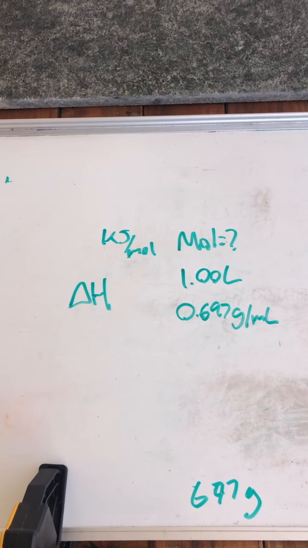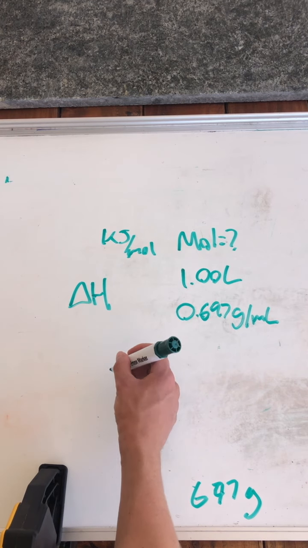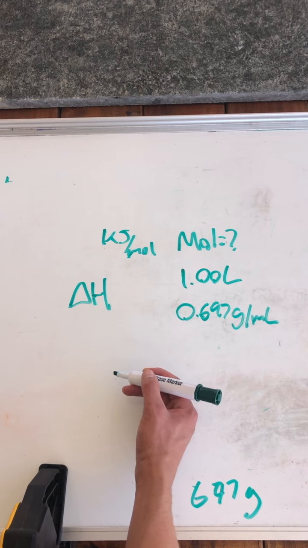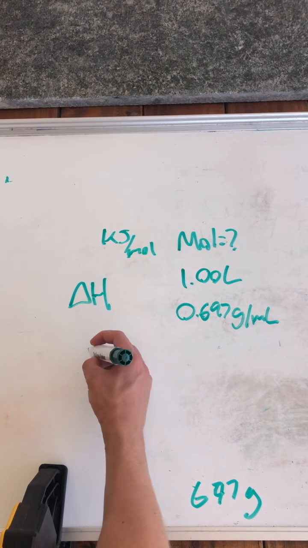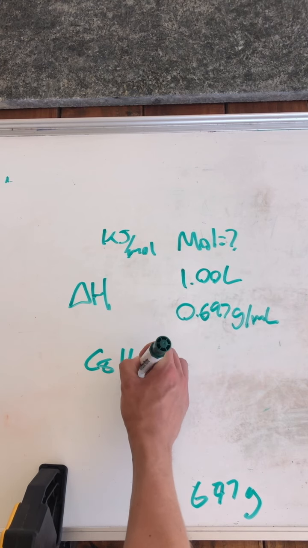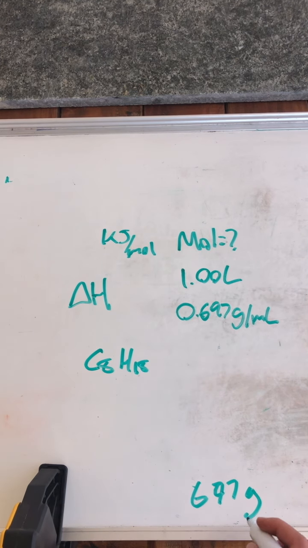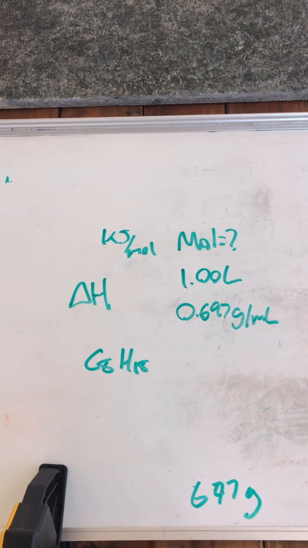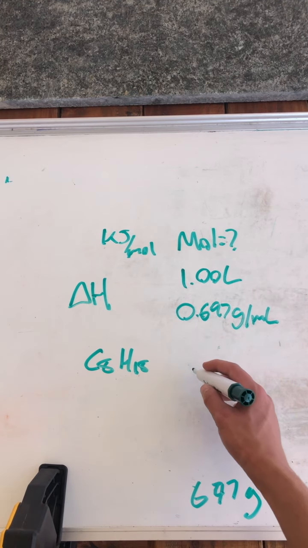All right, so how do we get 697 grams into moles? Well, we need the chemical structure of isooctane. If we look at the table, we can find that. It's the last one on table 9.2 on page 490, and it is C8H18. Now, you should know how to get to a molar mass from there.